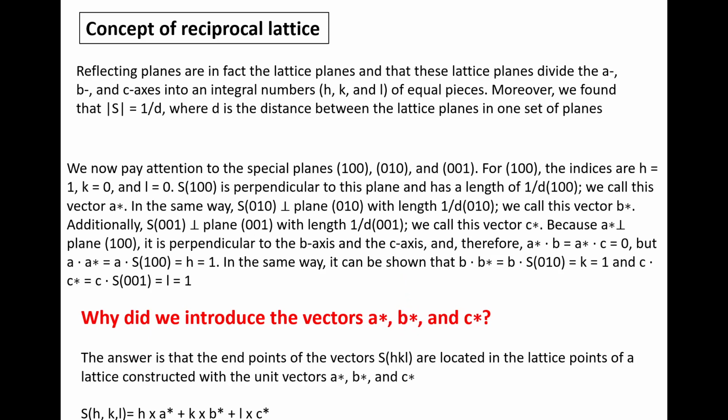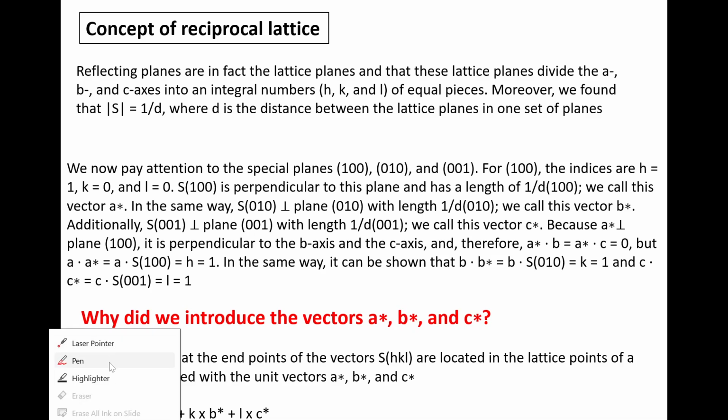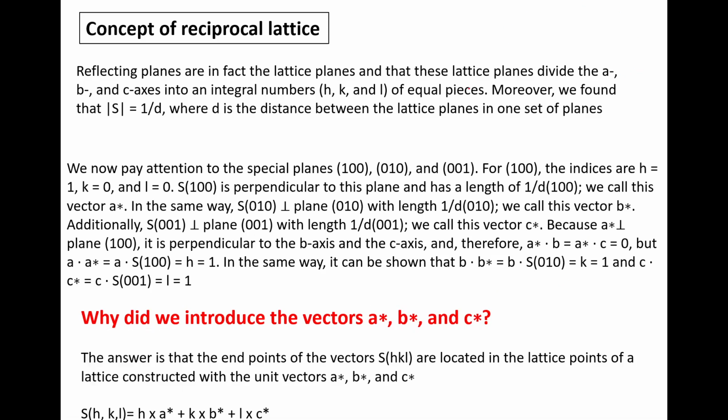Another important way to understand this is that in real space, if you want to define any point, you have some vector that defines that point, and that space will have some coordinates like x, y and z.